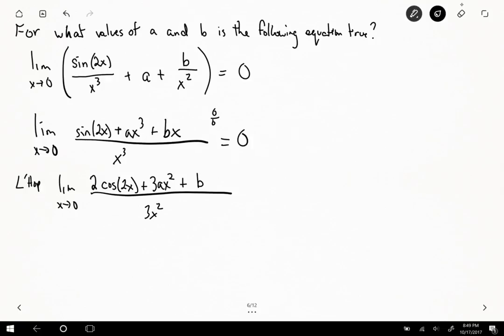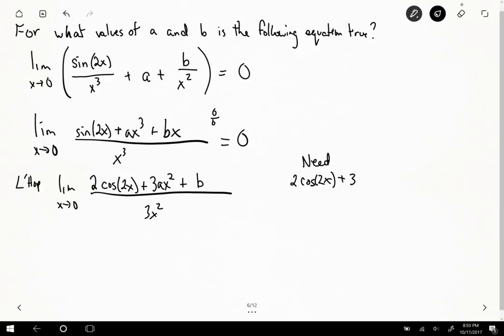Alright, where do we go from here? Notice when we plug in, we would get 0 in the denominator. In order for this limit to exist and be equal to 0, if we have some non-zero number up top, we've run into problems. So in order for this to work, we need the numerator to equal 0. So we need 2 cosine of 0, plus 3 times a times 0 squared, plus b, equal to 0.